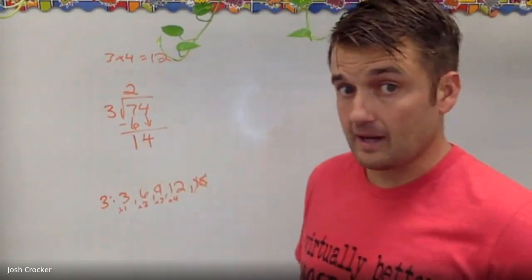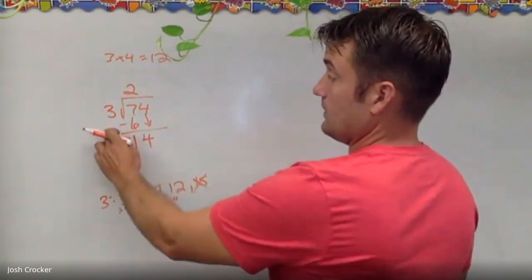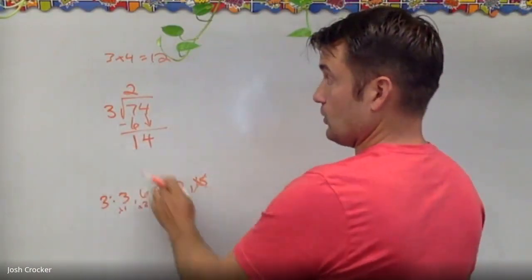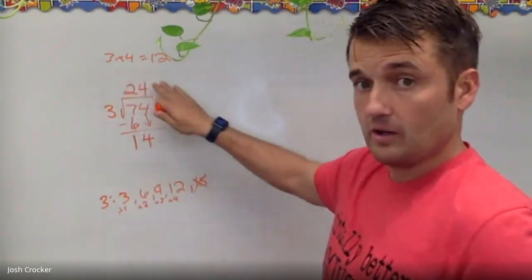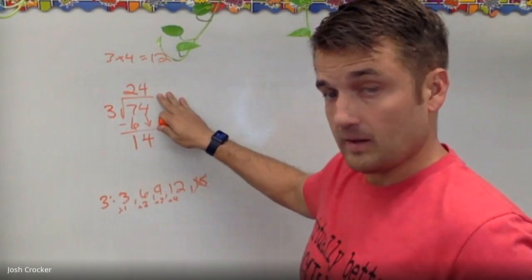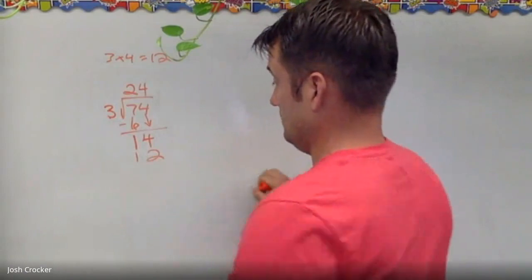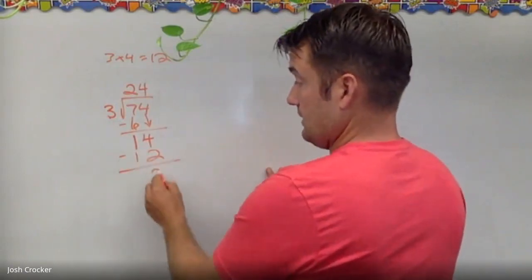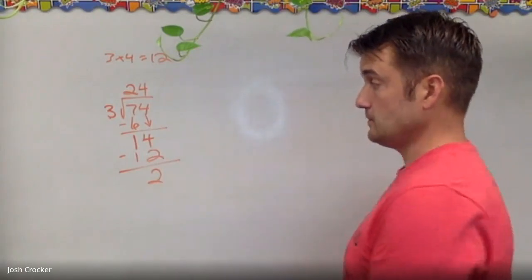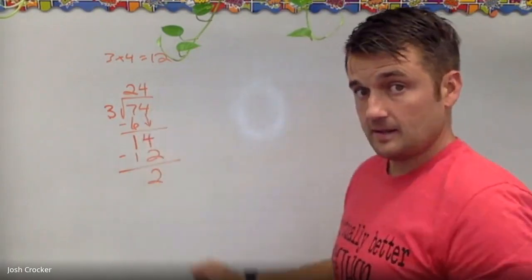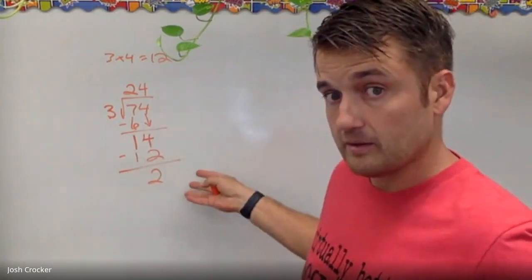That's the fact I'm using now. I said 3 would go into 14 4 times. Now that I'm dealing with the 4, I put my 4 over the 4. And 3 times 4 is 12. And I subtract. Now there's nothing else to bring down. This is a remainder.